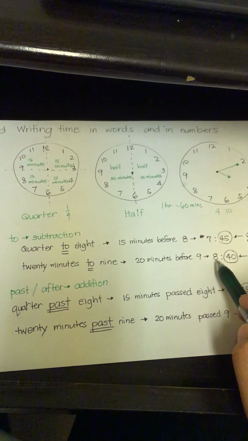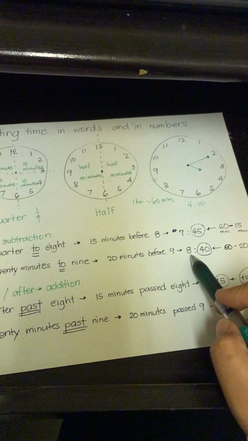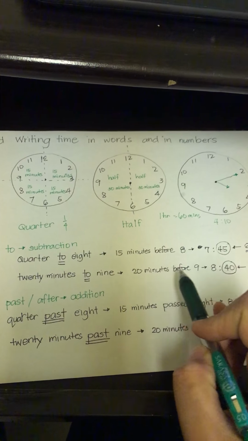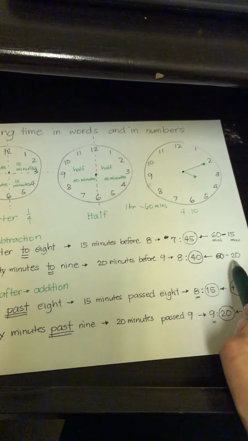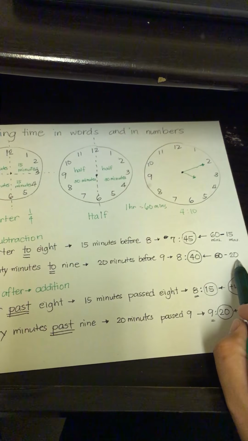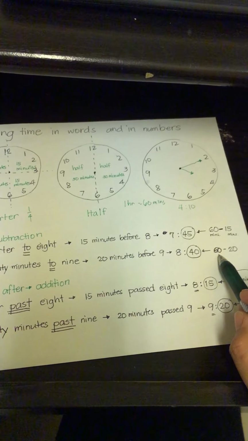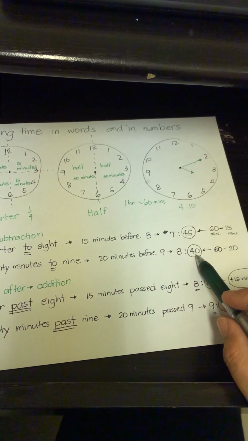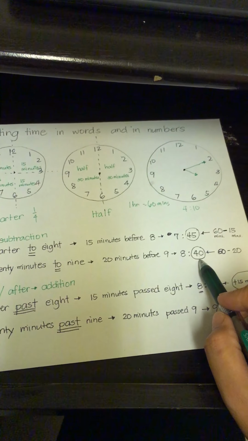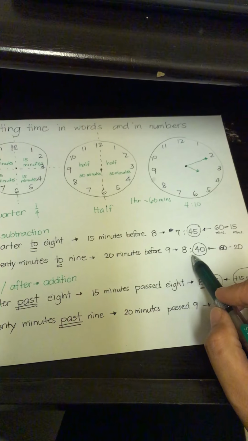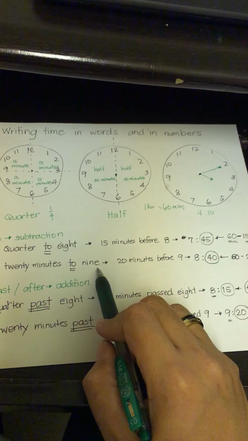We go back to 8. Then we need to subtract 20 minutes from 60. 60 minus 20 is 40. So the answer will be 8:40. We can read it as 8:40 or 20 minutes to 9.